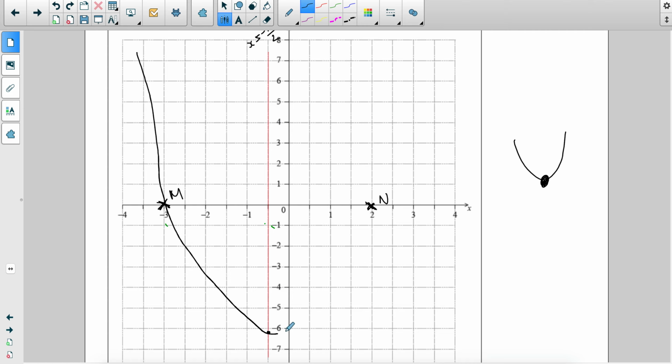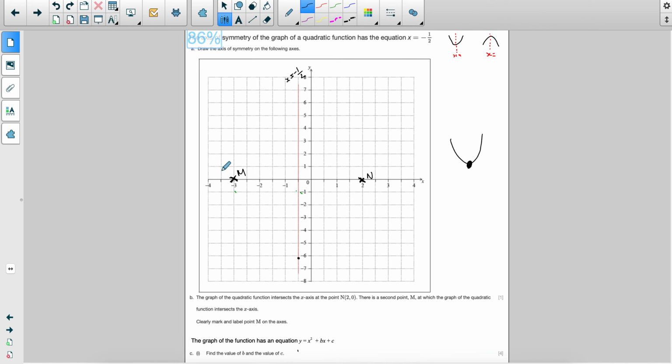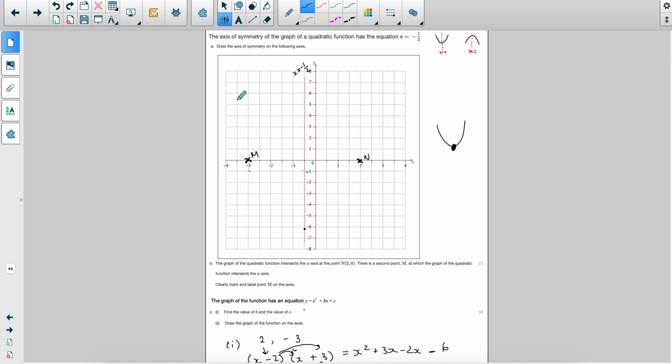This is quite hard to draw on a tablet, so obviously it should be much smoother in an exam. Okay, so make sure it's a smooth line.